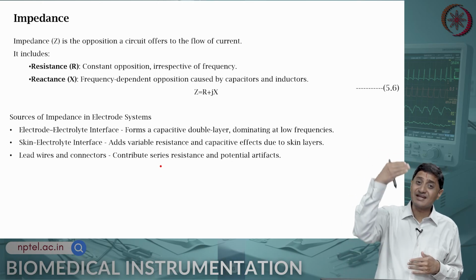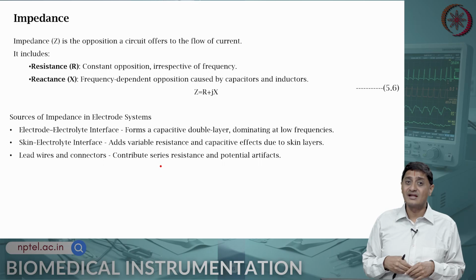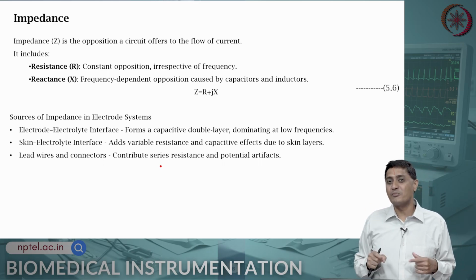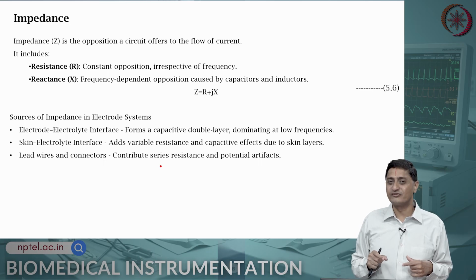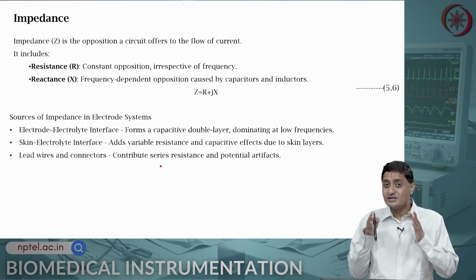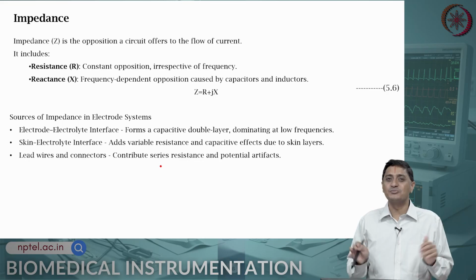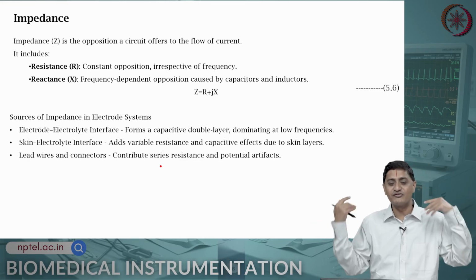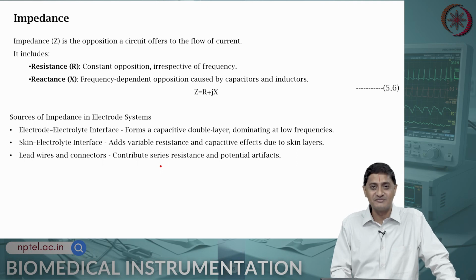But let us say there is a traffic light in there. The traffic light is a timing dependent component of opposition to flow, whereas the road width is a constant opposition to flow. If the road was infinitely wide, then everybody can go at very high speed. That is not possible.